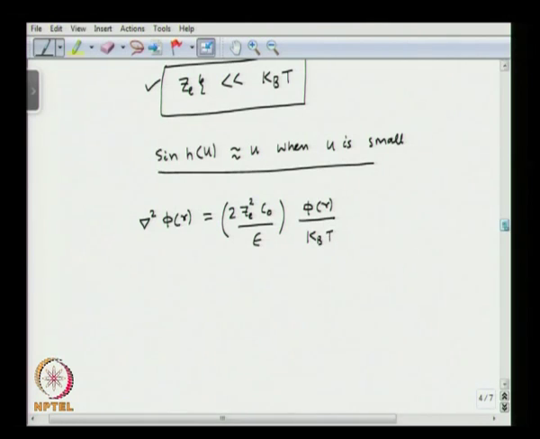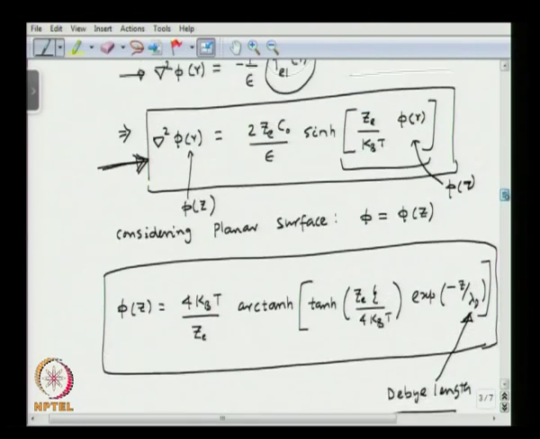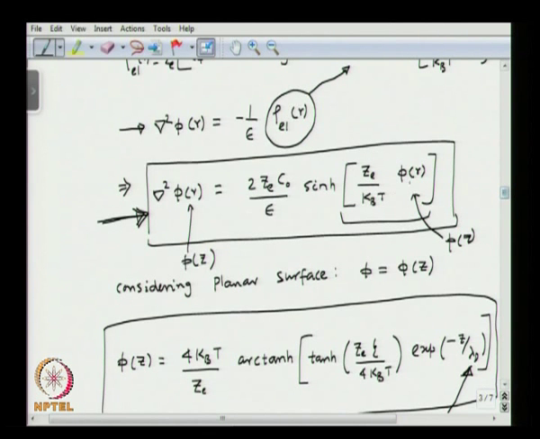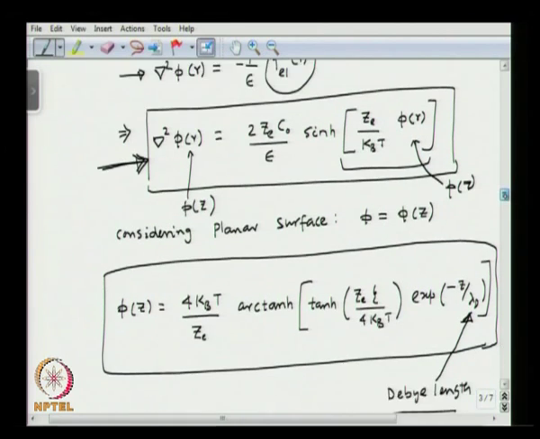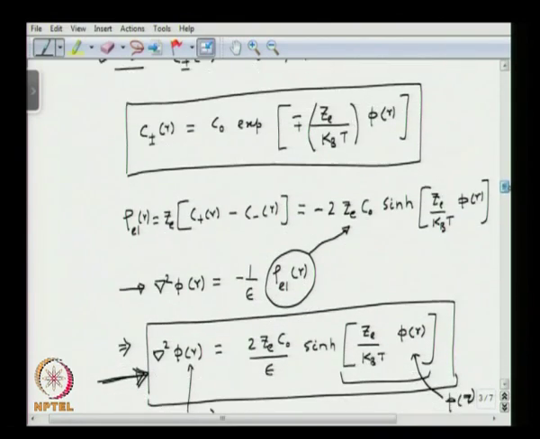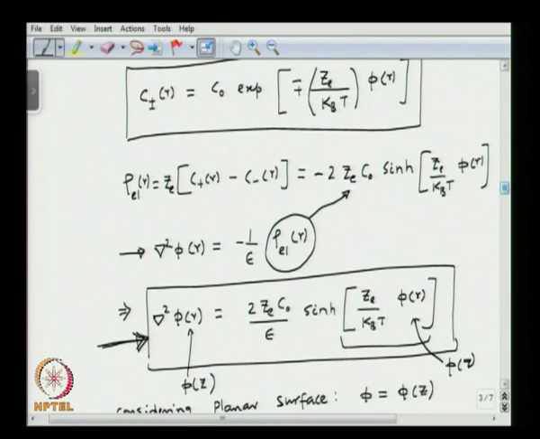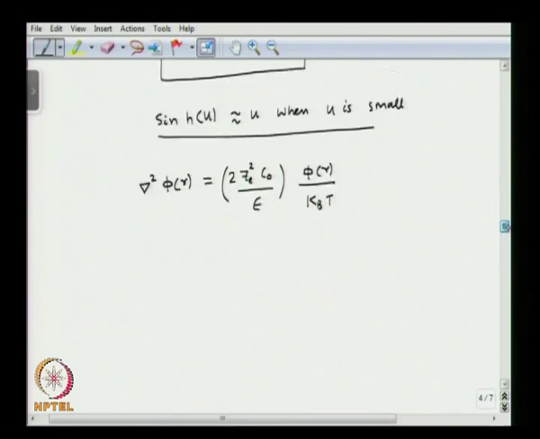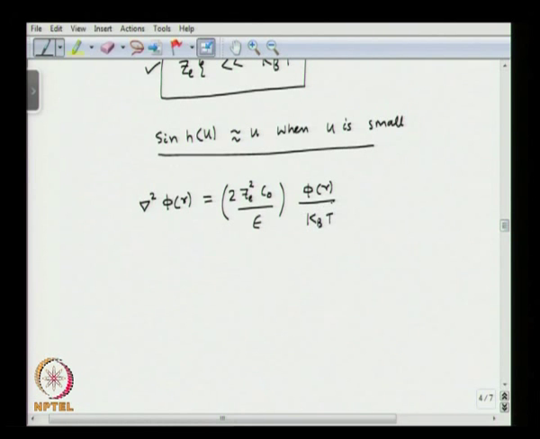JD over kBT into phi r becomes u and the sinh goes out. So we have JD square into C0 over epsilon into phi r over kBT.